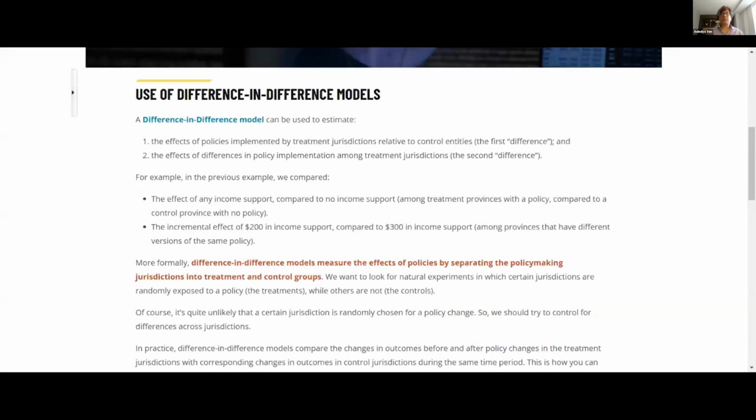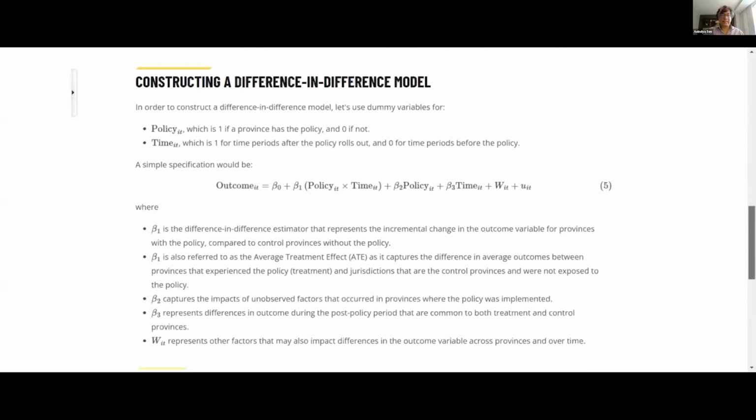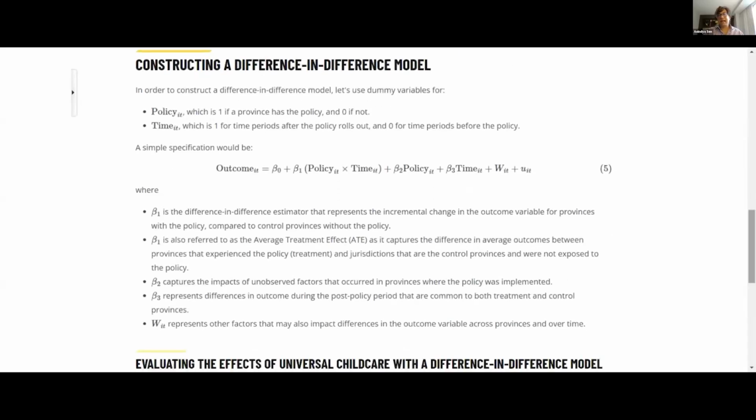So what we try to do is, when we look at a policy, we look at jurisdictions which didn't have the policy or had the policy later, and we distinguish that from provinces which enacted the policy at a certain time. So in terms of the notation, this is what a difference in difference model looks like.